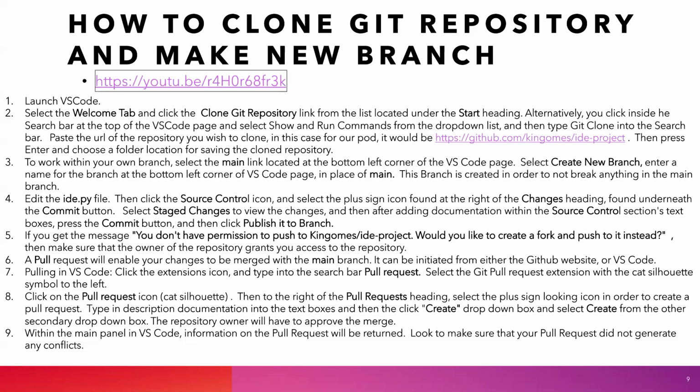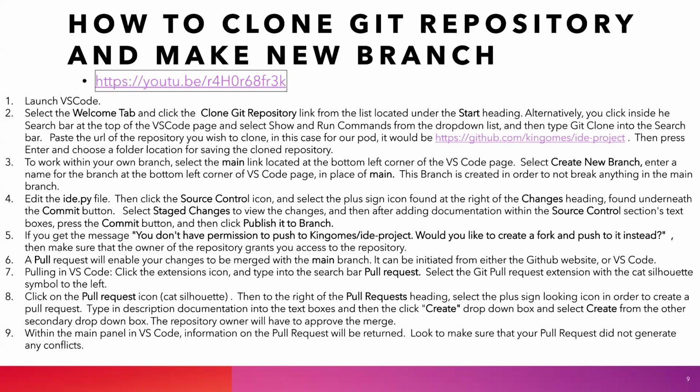So if you get to a point where you think your code is good and you want to merge it with the main branch, if you don't have it already, you can install a pull request extension and then go through the steps of pulling the request. You have to stage your changes, then commit them, and then create the pull request.